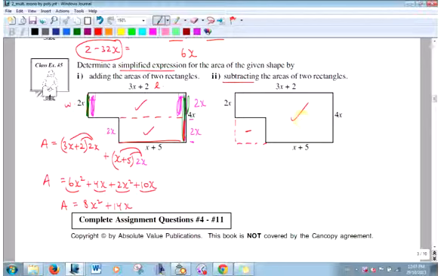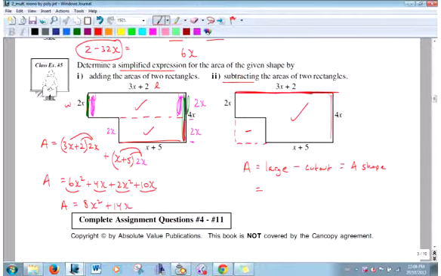Yeah. And if that's the way your brain works, then you can do it that way. Okay? So this is just the concept, the large minus the cutout, if you will, and I'll be left with the area of this shape.